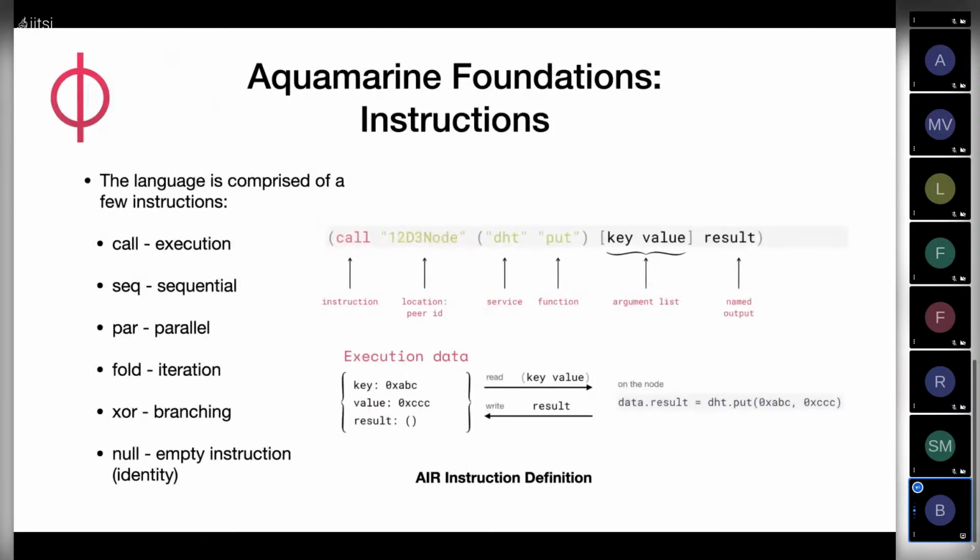Our instructions are on the left-hand side, and on the right side in the diagram you see the AIR instruction set. That expression tells you to call the function put for service DHT at location peer ID with the arguments key and value, and we expect the named output result.